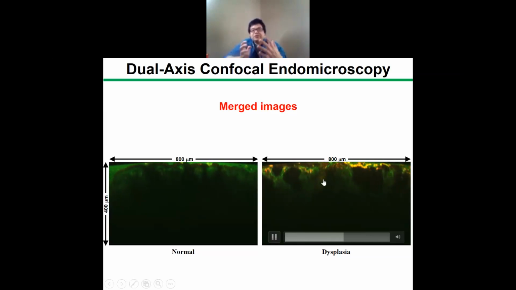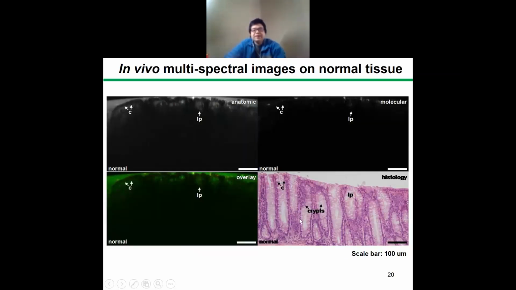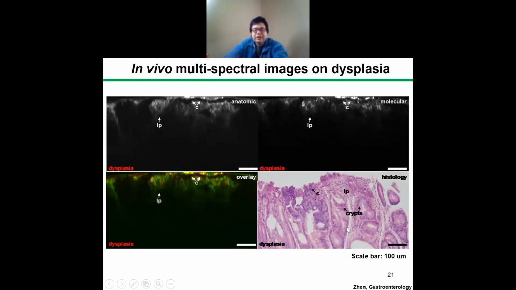That's why you see a mixed gold color, which is the combined color from red and green. From the non-targeting dye staining you get the morphology imaging, and you also get a targeted imaging channel. So we overlay them and also compare to the traditional vertical histology.